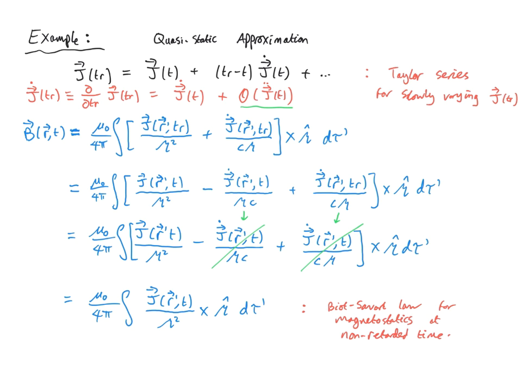We use that in the Lorentz gauge to show that we can write down inhomogeneous wave equations for the potentials, and that led to this idea of the retarded potentials. From that, we calculated the potentials and the fields for a single moving charge, and we saw that this generalizes the result for electrostatics and magnetostatics.